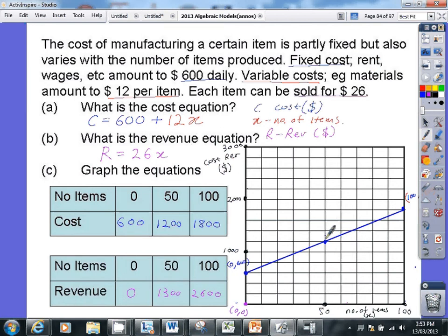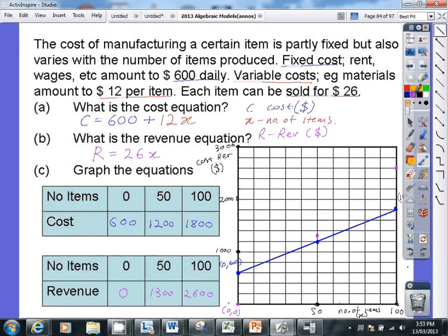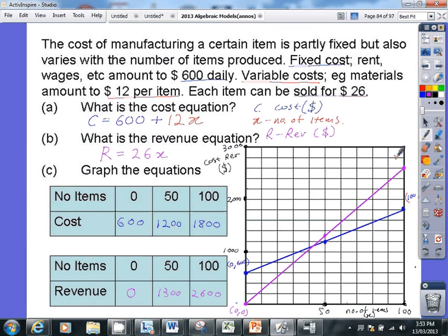It's a straight line, it's going to go all the way along. But we'll put them in because we've calculated them, just to make sure. And 100 and 2,600. So that looks good too. Okay, so far so good.